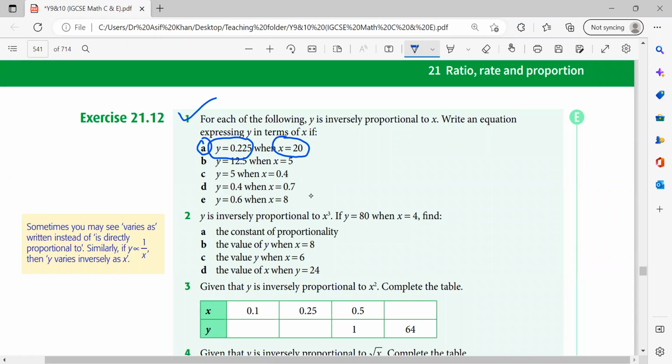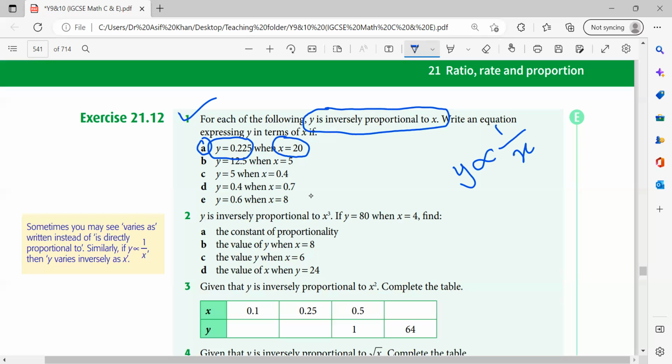Because you have to find the value of K. Now read this one. For each of the following, Y is inversely proportional to X. It means 1 upon X, right? Write an expression for Y in terms of X.